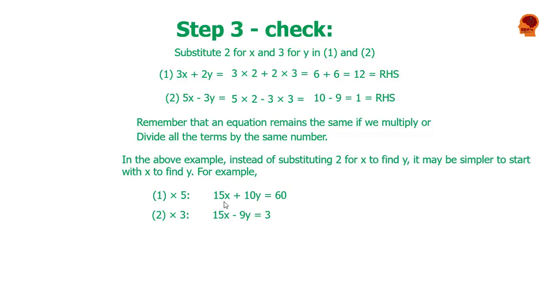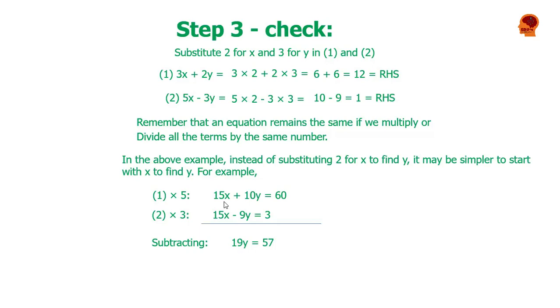Do not forget that the first time we got rid of what? y. But now we want to see if by getting rid of x, we are going to get the same answer. Yes, we're going to get the same answer. So let's see. Now what are we going to do? We're going to subtract the equations. What do you have? You have 19y equals 57.